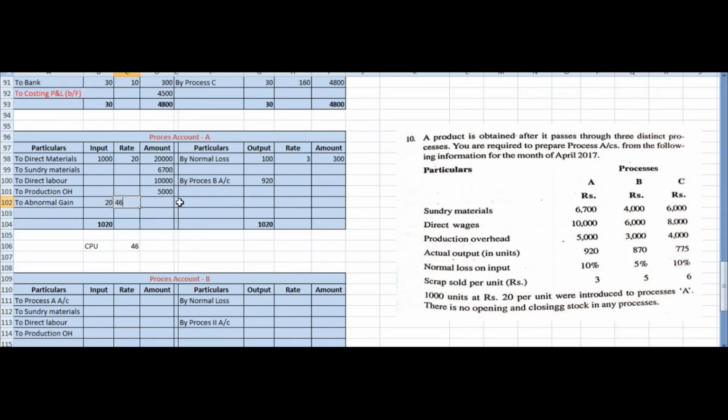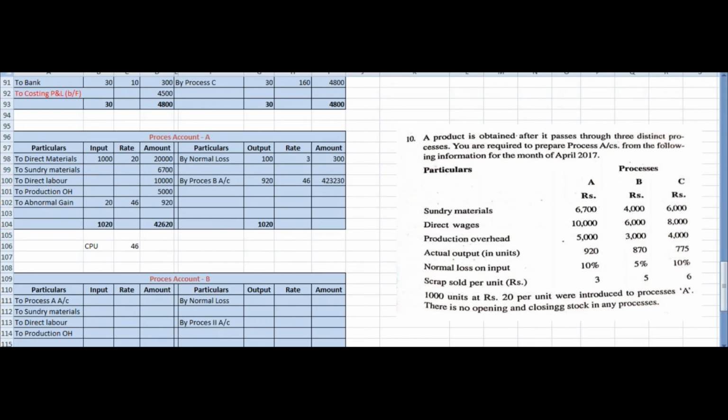Okay, good. 46 and multiply these two. 46 into 20, so you will get 920. Then here also 46 you have to write. So 920 into 46, you will get 42,320. Take the total, both side total must be the same.